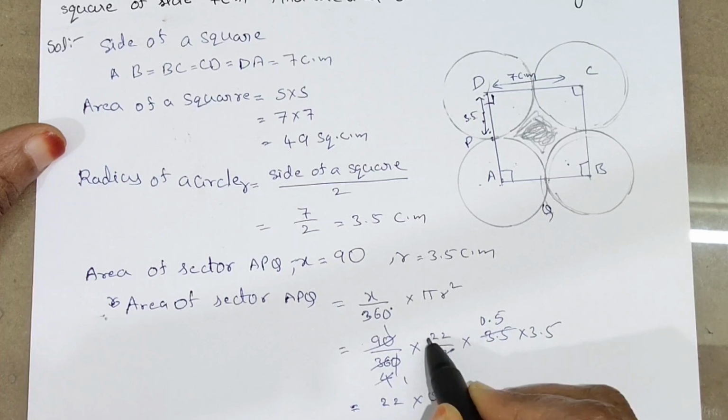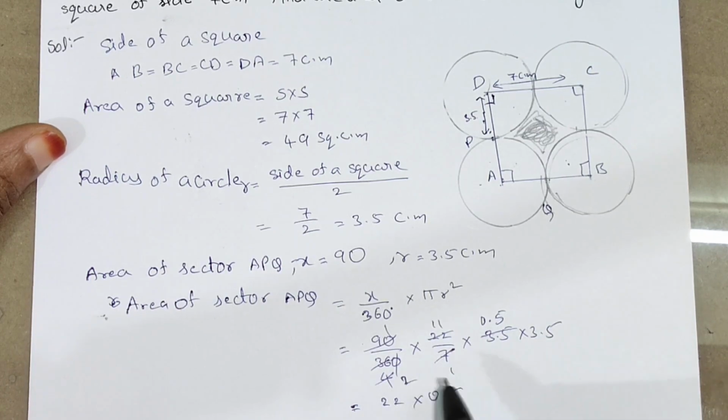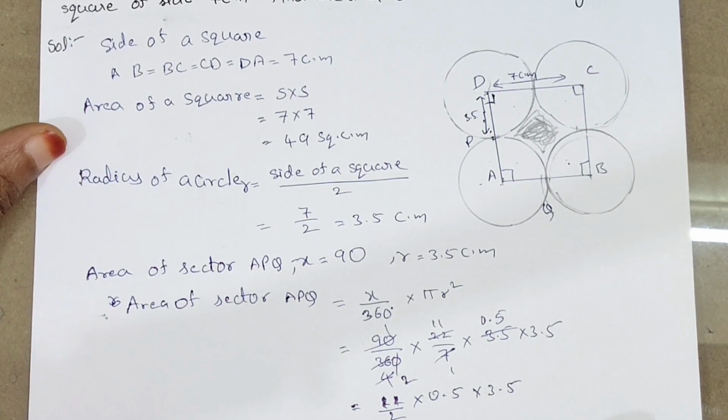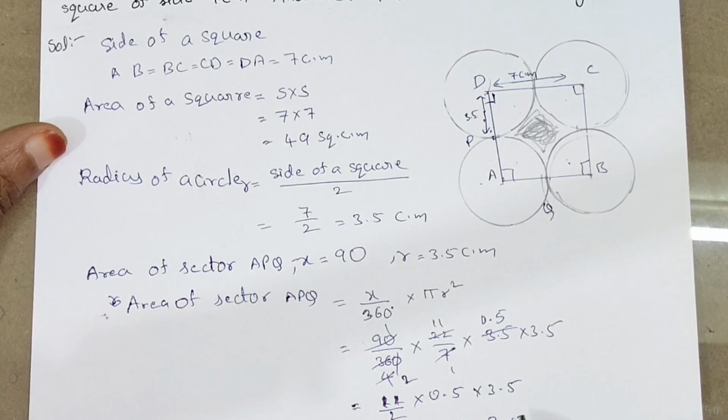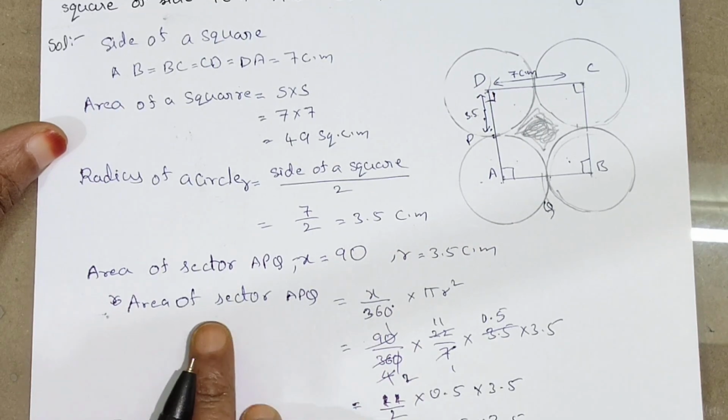Simplifying, 11 by 2 into 3.5, so we find 5.5 into 0.5 into 3.5. Multiplying these numbers gives 9.625 square centimeters. This is the area of one sector.